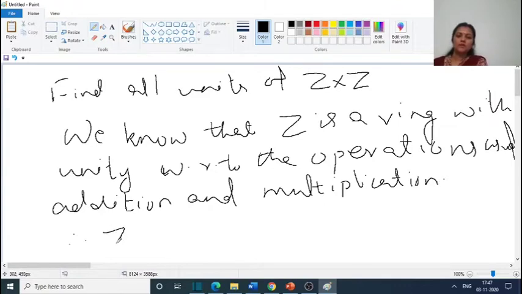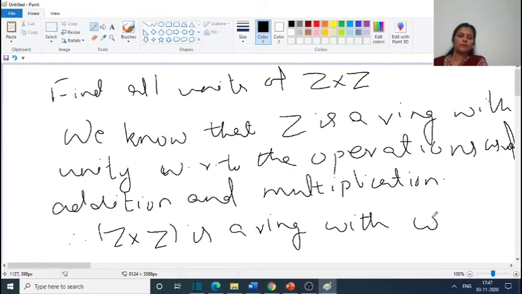Therefore, Z cross Z is a ring with respect to the operations addition and multiplication.